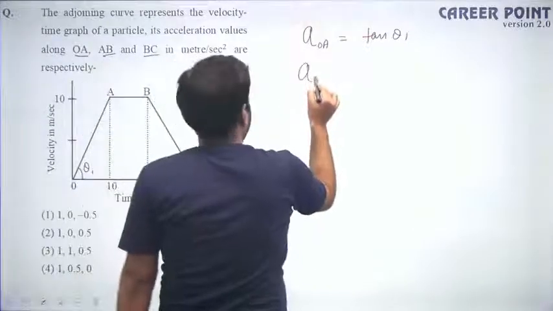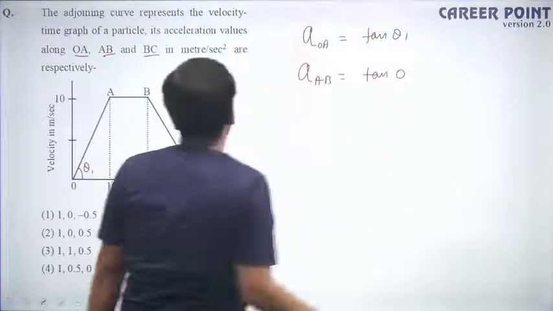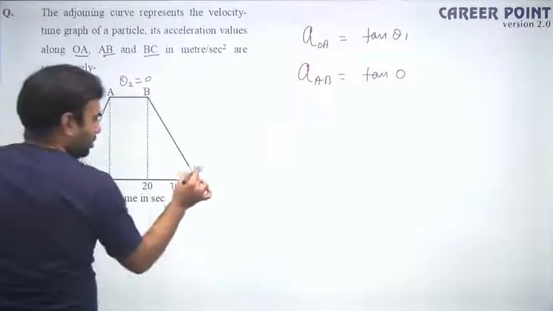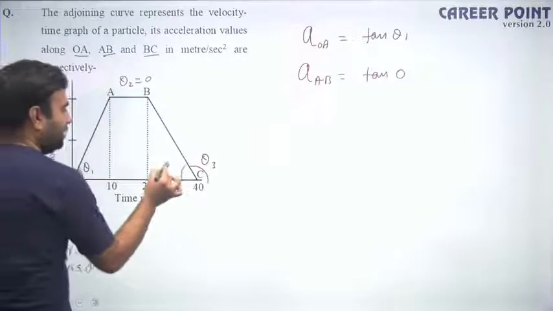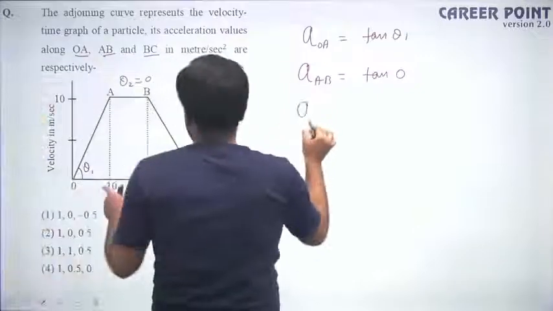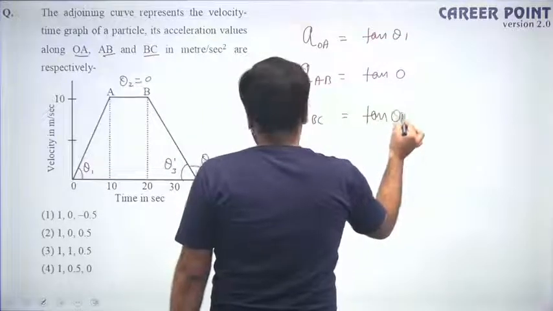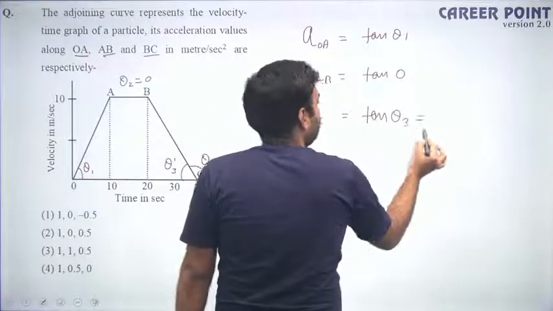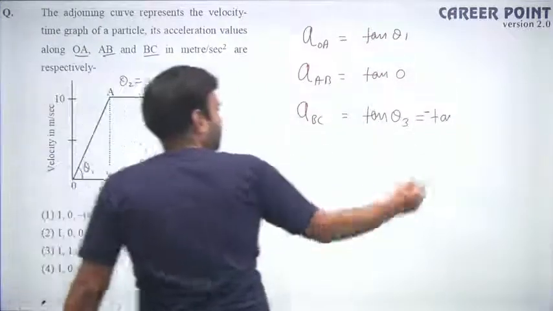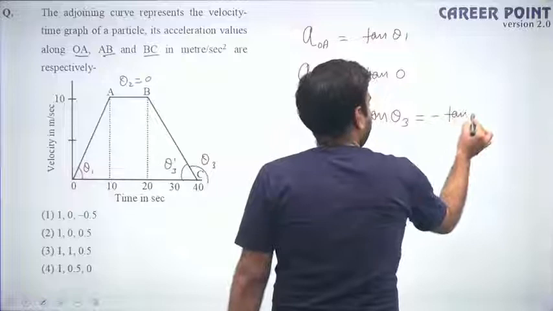So acceleration at AB will be equal to tan 0 because theta 2 is 0. Now suppose this is theta 3 and this is theta 4, or theta 3 dash. So acceleration from B to C is equal to tan theta 3, which is also equal to negative of tan theta 3 dash.